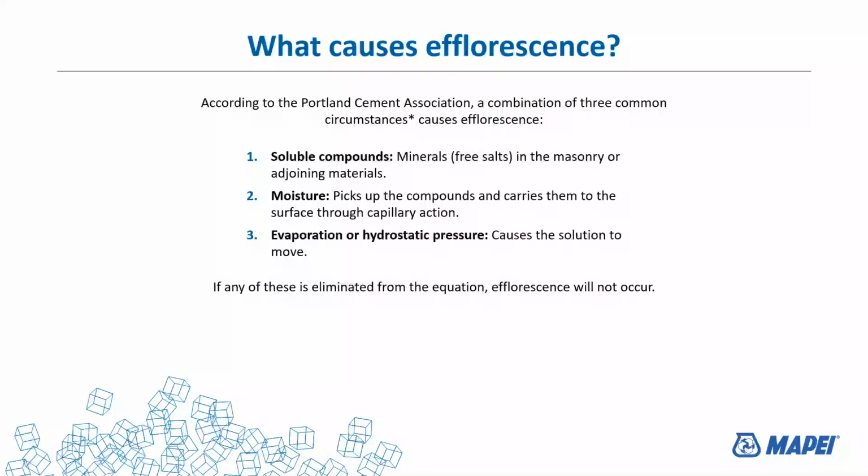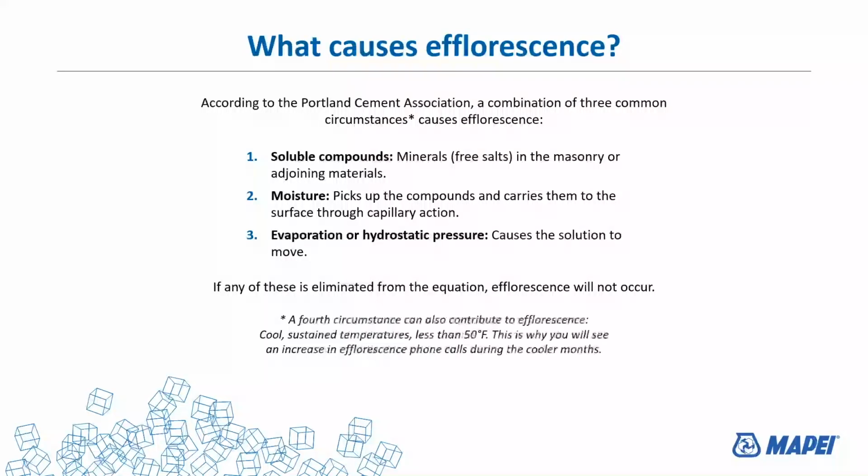I say below 50, but it actually starts getting into the 40s. And that's why you'll see, especially in Florida, an uptick in efflorescence claims or calls or inquiries during the cooler months. So really it takes 4 things, but all it takes is 3, but that 4th one is a kicker almost every time.